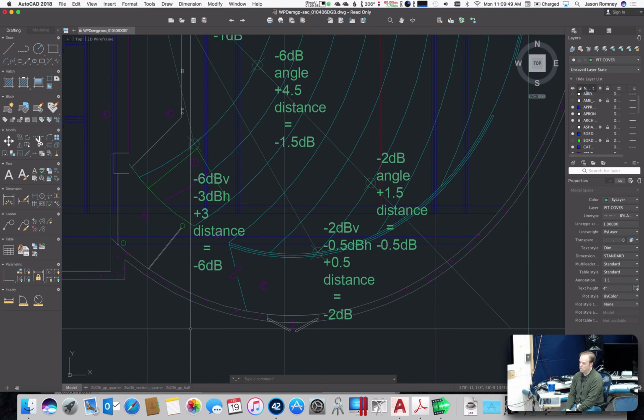For how many frequencies did I say? 4 frequencies. Which 4 frequencies do you think we ought to do? 500, 1K. There you go. So you've got to give me those 4 frequencies, and I want to see we're within a 6 dB range for the entire seating area.